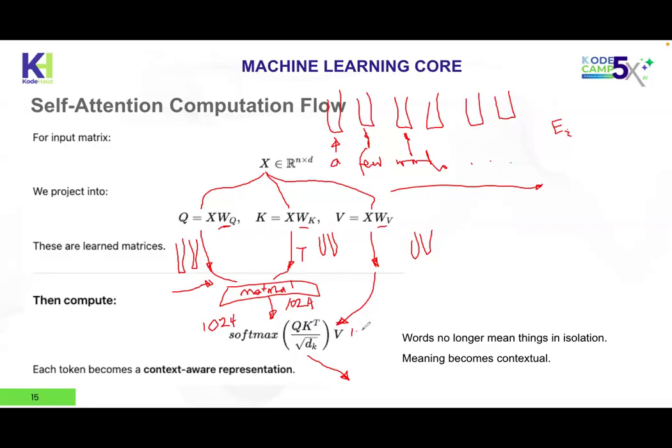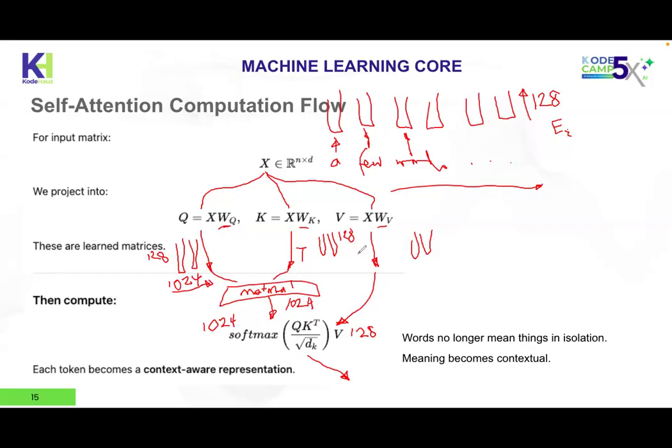So it will be back to 128, for example, assuming the embedding size is 128. Because if this is 128, then this is also going to be 128, while the size of this would be something like 1024. And this will also be 128.